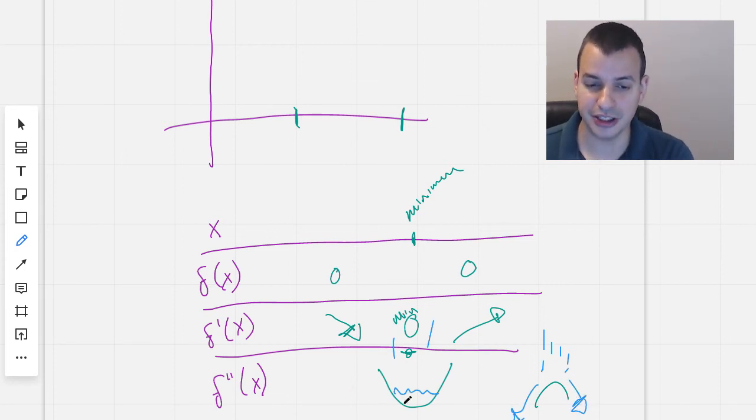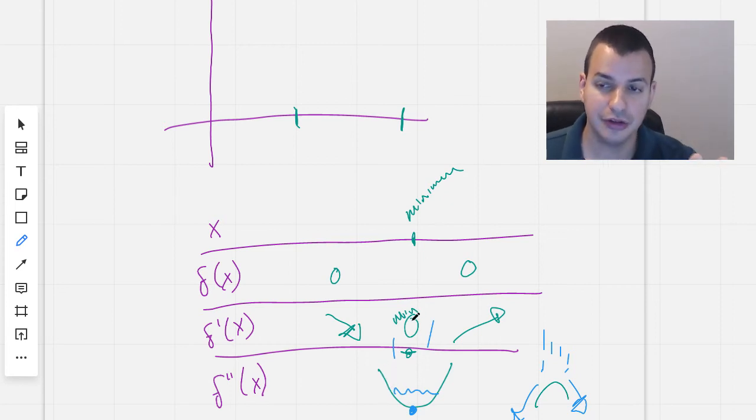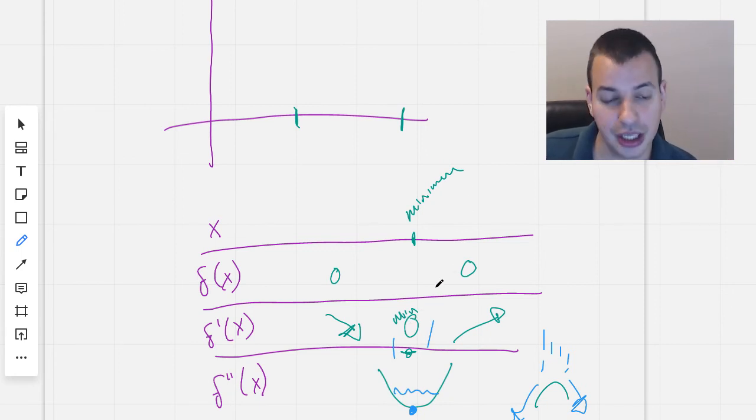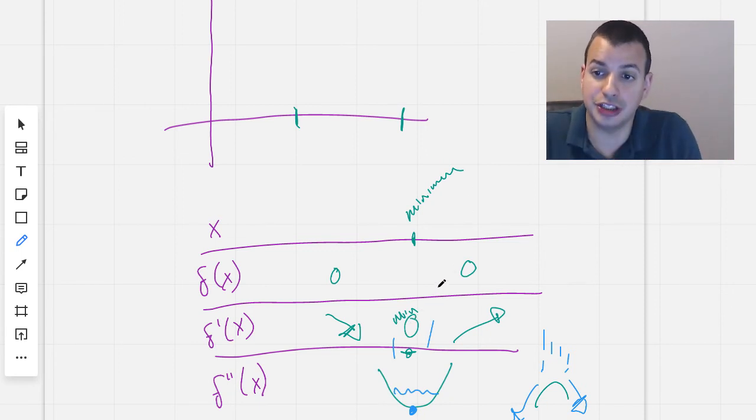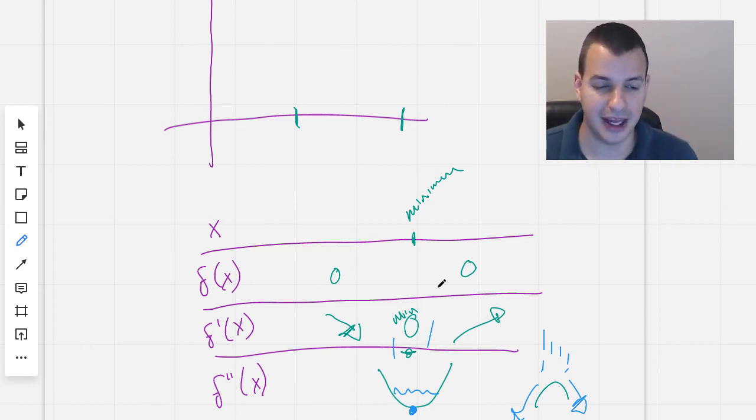You can use this to tell it's a minimum too, because you look at this smiley face, and you can see that, okay, that's a minimum there based on the concavity. This is called a sine chart. The correct way to use this would be using the sine chart based on the second derivative test: this point right here is a minimum.